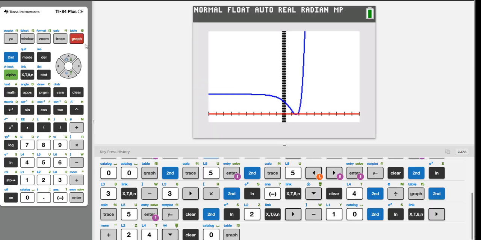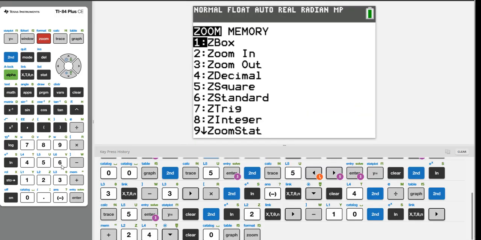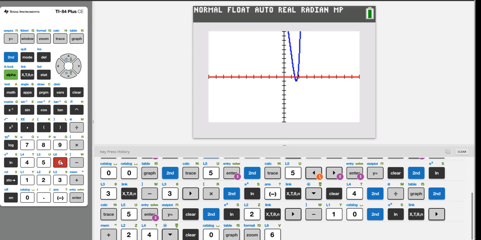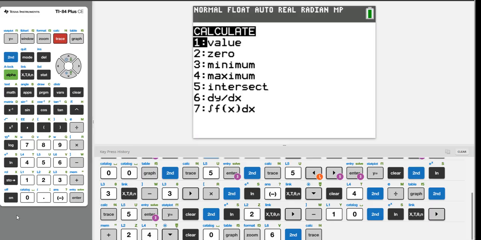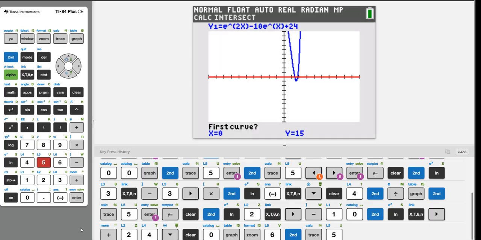You can see two intersection points on this graph. Both are on the x-axis, y equal to 0. But we're going to reset this window anyways, so that we can see the intersection points a little better. Press zoom 6. Press second, calculate, select number 5 intersection, press enter 3 times.